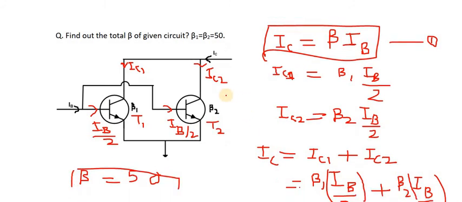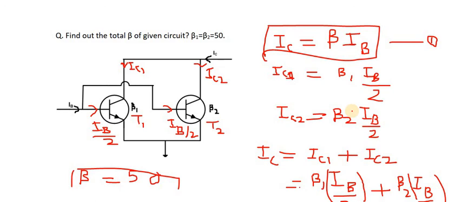So from this derivation, one conclusion comes: if you connect a number of BJTs in parallel, and all the BJTs have the same beta, then the beta of the total circuit will remain the same as that of one individual transistor.